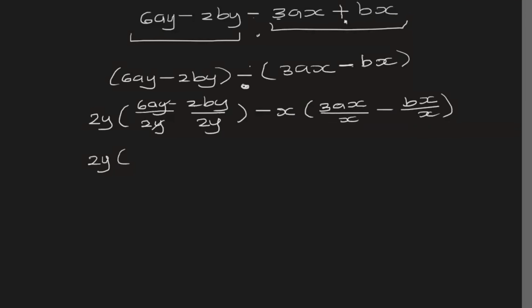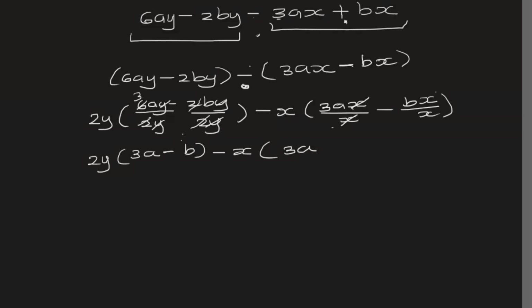And then y and y will cancel out. 6 divided by 2 is 3a. It's 3 and then the a is left. Y and y will cancel out. 2 and 2 will cancel out. Then we're going to say minus b. Then we're going to say minus x. X and x will cancel out, and then we'll be left with 3a.